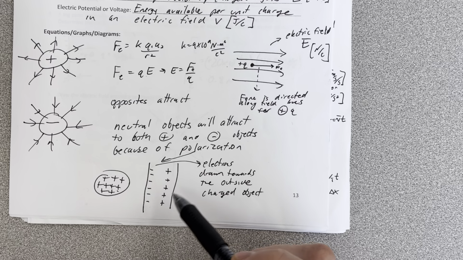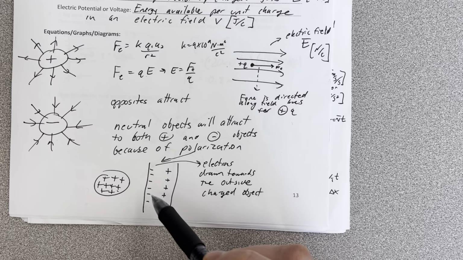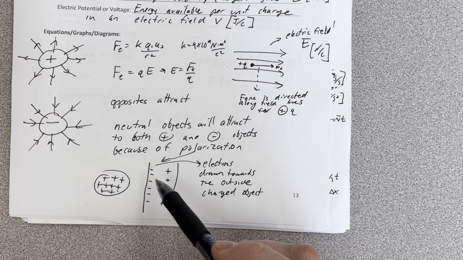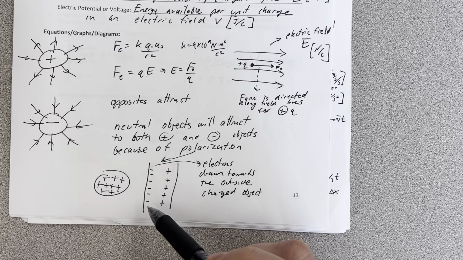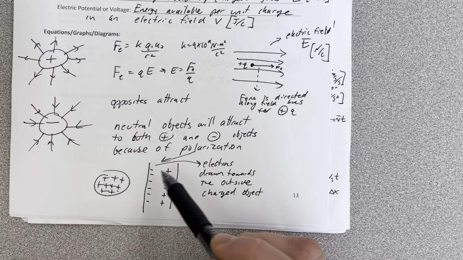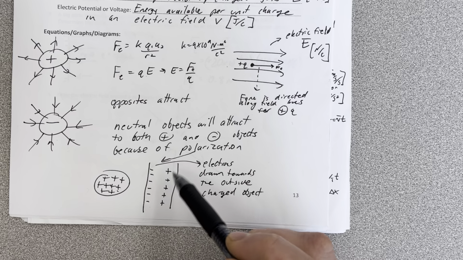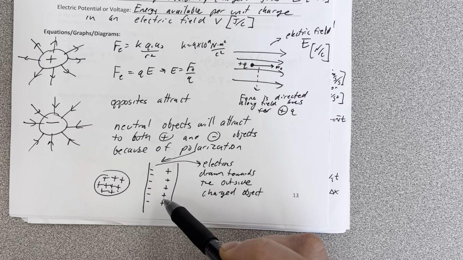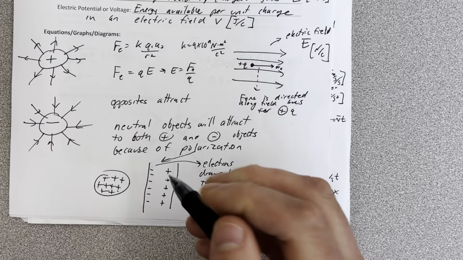So neutral objects, be it a piece of plastic or a piece of metal, will always attract to something charged because the charges in the object will move a little bit. And when they move, now this side's more negative, this side's more positive, and this side's farther away from this object here, so this side experiences less force of repulsion than this side experiences force of attraction.